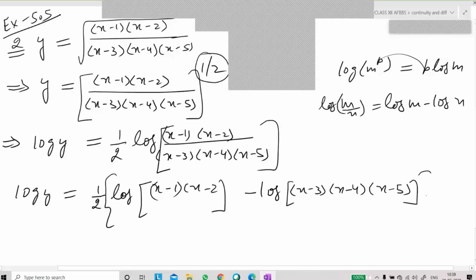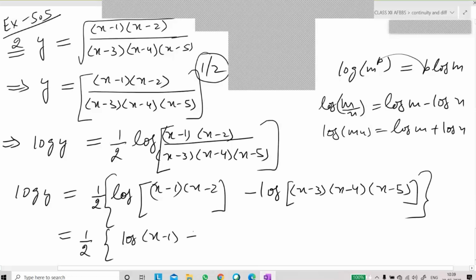Now again you can use the property, the third property, that log of mn is equal to log of m plus log of n. So according to this property, this becomes 1 by 2 [log of x minus 1 plus log of x minus 2], and you apply the same property in the second log. So what will happen is that it will become minus log, minus is common.